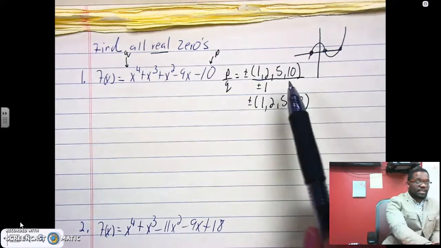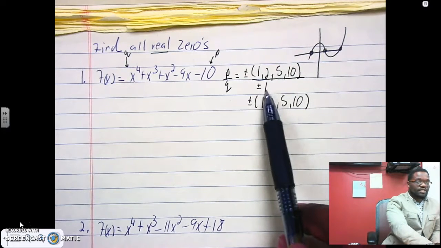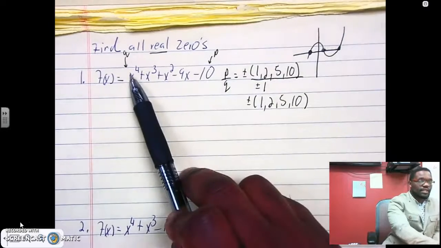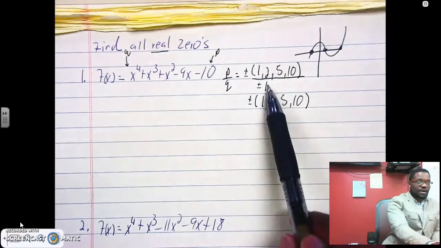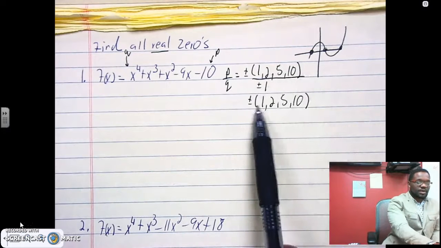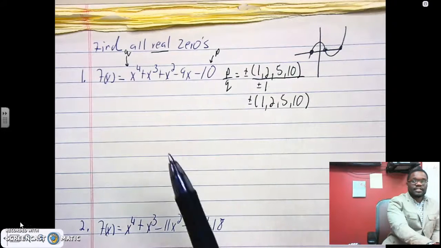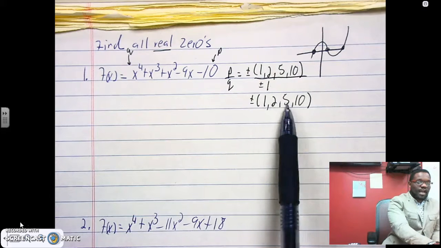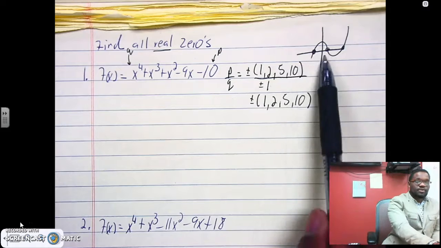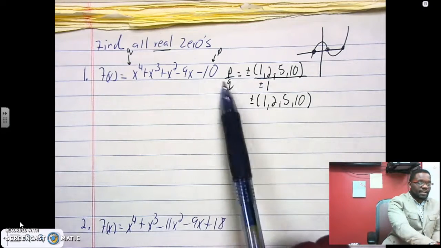Now, that's not always going to be the case. Sometimes your leading coefficient is not going to be a 1, and so you would have to divide the others as well. But in this case, when you divide positive and negative 1 into all of those, you still get positive and negative 1, 2, 5, and 10. Now, these are the actual numbers that could be zeros of our graph, all right?